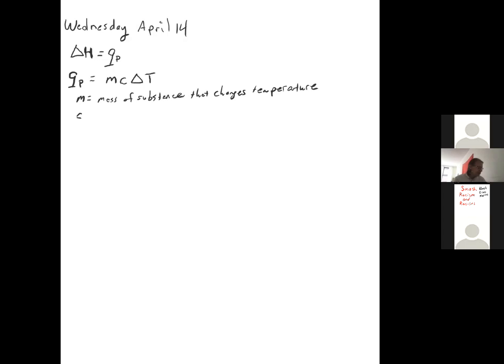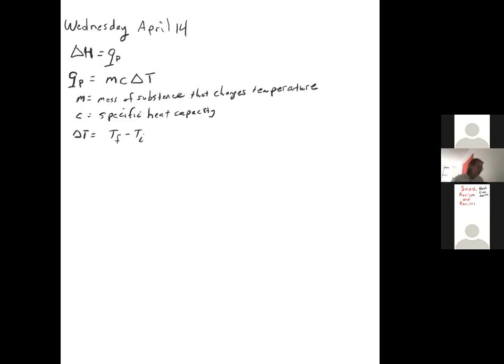C is called the specific heat capacity, and that refers to the same substance we're talking about with the mass, so most likely the water. And then we have delta T, which is the final temperature minus the initial temperature, again, of that substance that's changing temperature, okay?